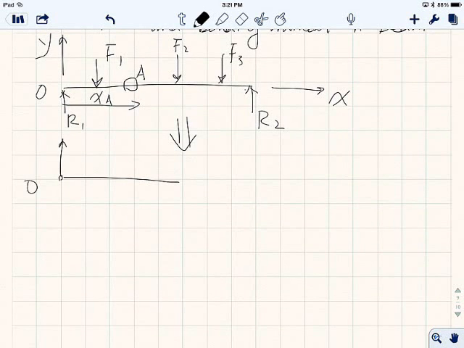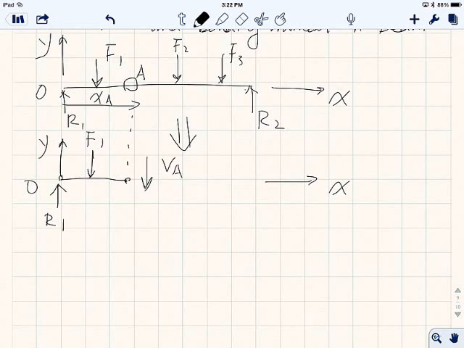So we know here's the F1 and here's R1. And so at this point you have 2 components: shear force at point A and also a moment MA, right? So these 2 things.